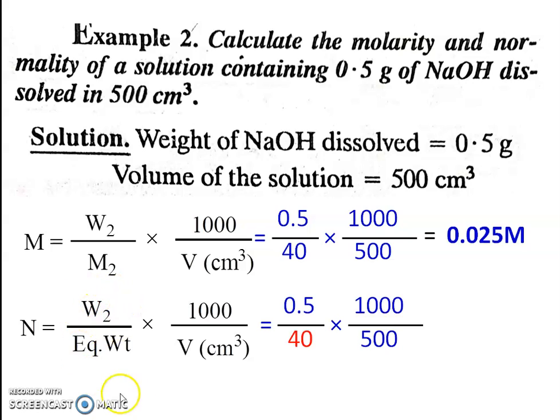This is the weight of NaOH, the equivalent weight of NaOH is also 40, into 1000 upon V. V is the volume of solution, and therefore the normality is 0.025 normal. For sodium hydroxide, molarity and normality are the same, and the answer is 0.025.